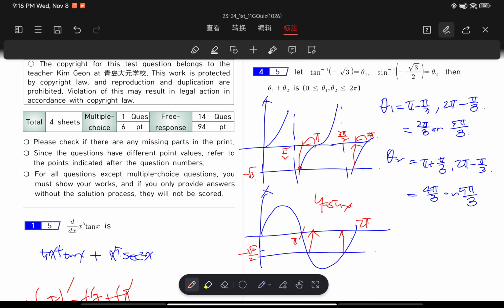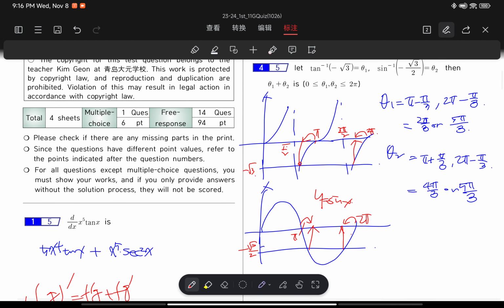Here's 2 pi. So going to pi over 3 and subtract pi over 3. So pi plus pi over 3 or 2 pi minus pi over 3. The answer is 2, there are two real roots in this. So here's theta 1 and here's theta 2.